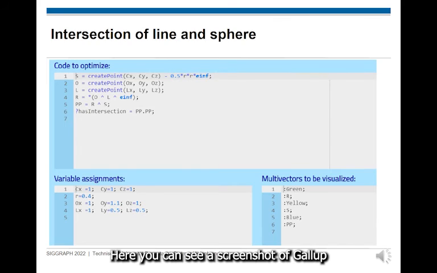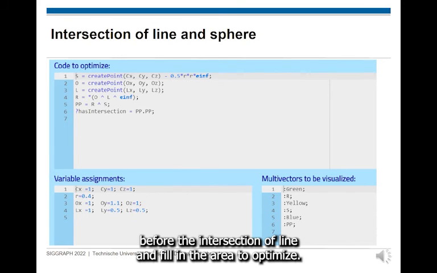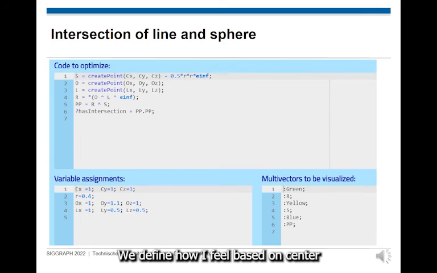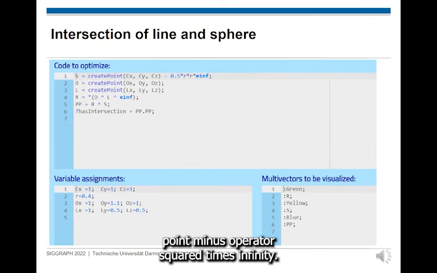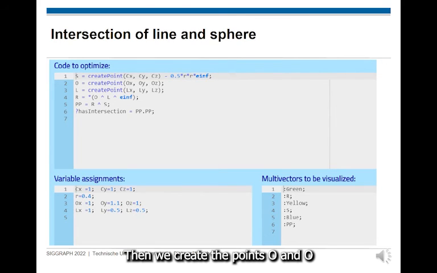Here you can see a screenshot of Gallup Web for the intersection of line and sphere. In the area code to optimize, we define our sphere based on center point minus half radius squared times E infinity. Then we create the points O and L, compute the line based on these 2 points and the outer product with E infinity.